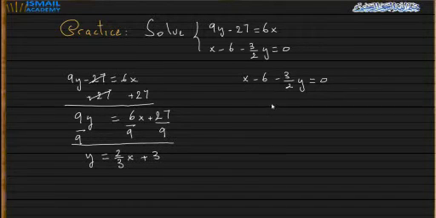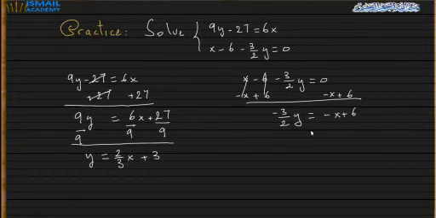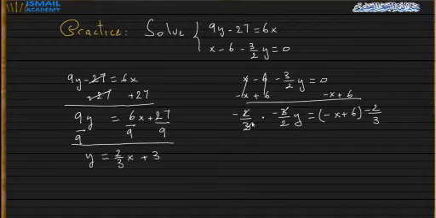The same thing here: I add the opposite of x, which is minus x, to both sides. So this cancels out. What's left is minus 3/2 y equals minus x. I multiply both sides by minus 2/3. The 3 cancels out, the 2 cancels out, minus times minus becomes positive.